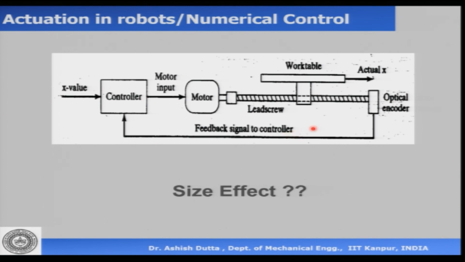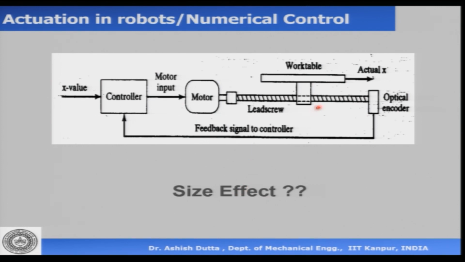Essentially it is not going to work, because there are a lot of these components which cannot be shrunk. For example, if I make a very small DC motor, then it will not give enough torque for cutting or for moving this work table. So there is a particular size to which you can shrink, and after that size you cannot shrink anymore. Now this is called the size effect.